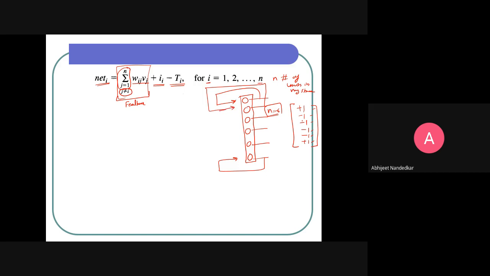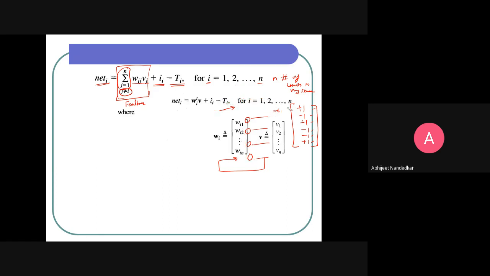Don't connect this feedback to the neuron itself from where it is coming. So this connection you have to remove. So this is my weight Wi for a given neuron, and this is the input V.